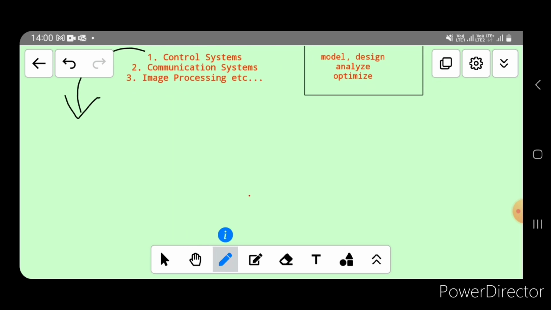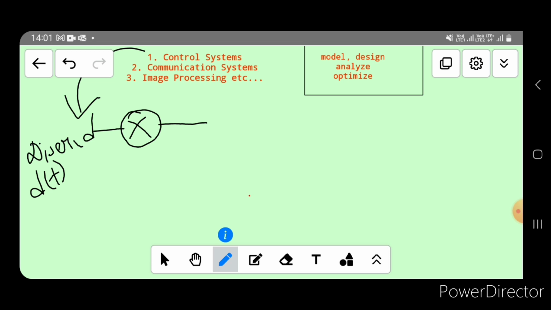Suppose we are taking here the block diagram of an automated air conditioning system, as summer is now going on. Our air conditioning system takes a desired temperature. Suppose a person requires only 25 degrees Celsius as his desired temperature. So our system takes d(t) as the desired temperature as one input. Then this goes to a microcontroller.